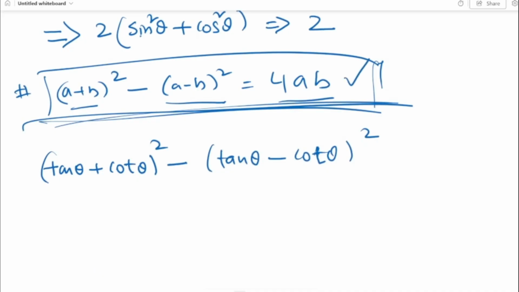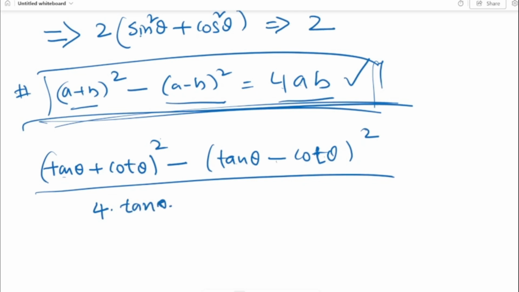If you remember this formula, you don't even have to expand this. This becomes 4ab, 4 times a times b, which is tan theta times cot theta. Tan and cot are reciprocals of each other. So the answer is 4. Remember this.